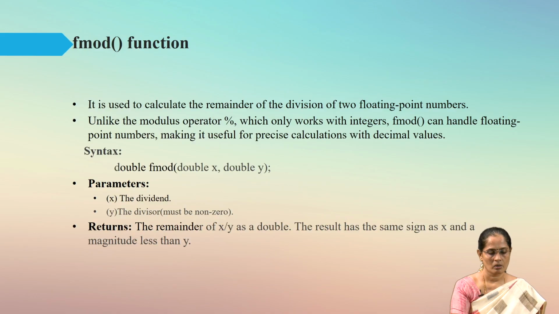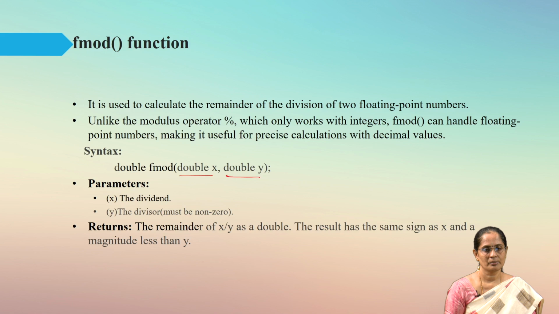The fmod function will allow us to get the remainder of a division, which requires two operands of double type again, the dividend and the divisor. The divisor should always be a non-zero value. We are not supposed to give 0 as the second argument for an fmod function, because if we try to divide a numerical value by 0, this will result in an infinite value which cannot be handled by the compiler.